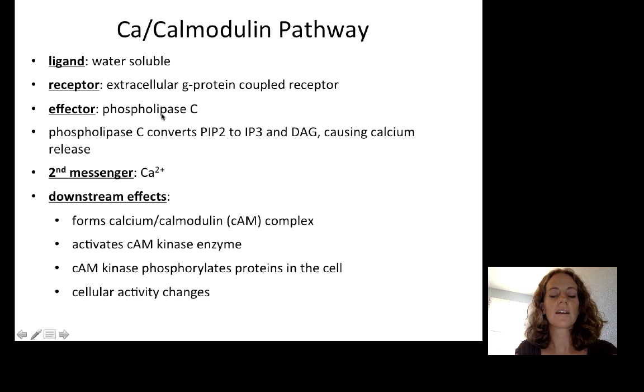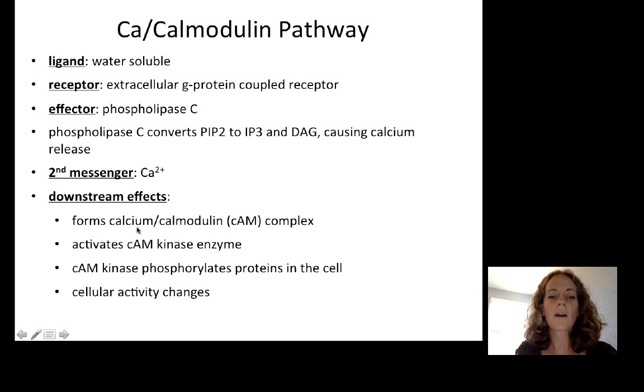The effector here is not adenylate cyclase, it's phospholipase C. Phospholipase C will then convert something called PIP2 to something called IP3 and DAG. What that ultimately does is release calcium inside the cell. And the reason this is the calcium pathway rather than the cyclic AMP pathway is that calcium now is going to be our second messenger. And calcium will then have the downstream effects on the cell.